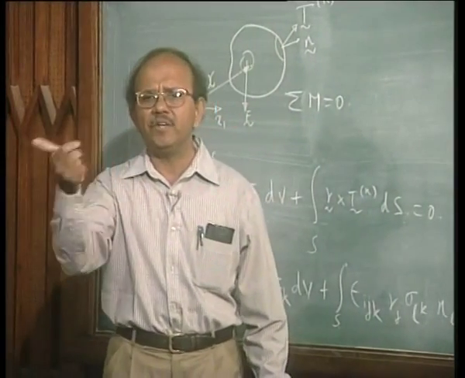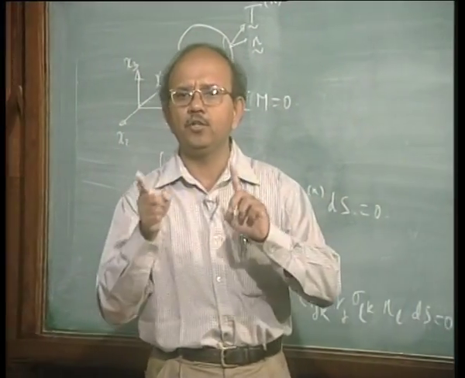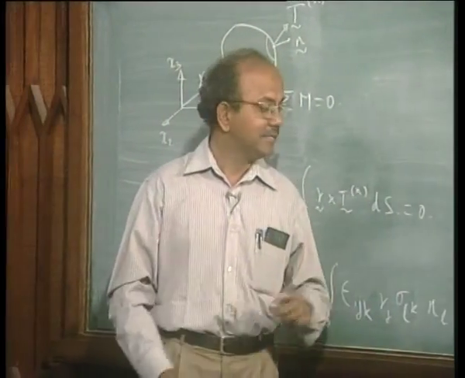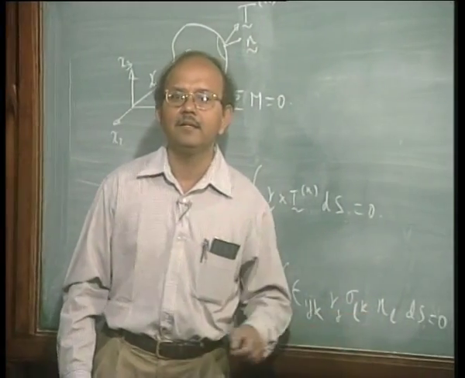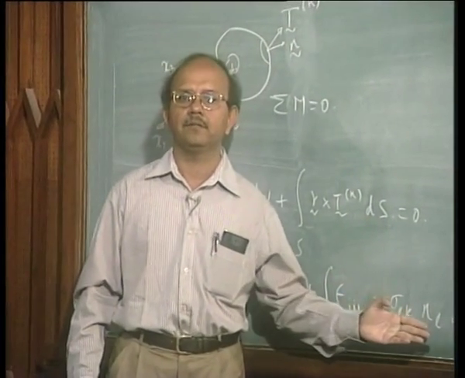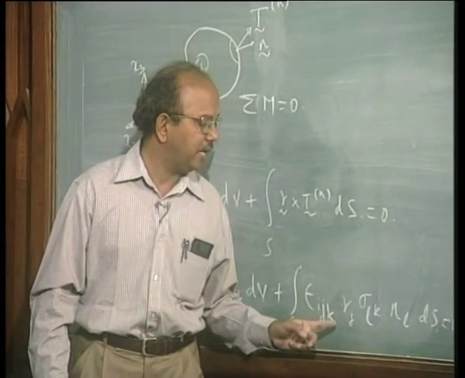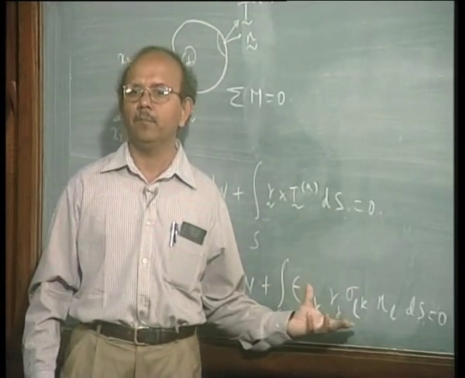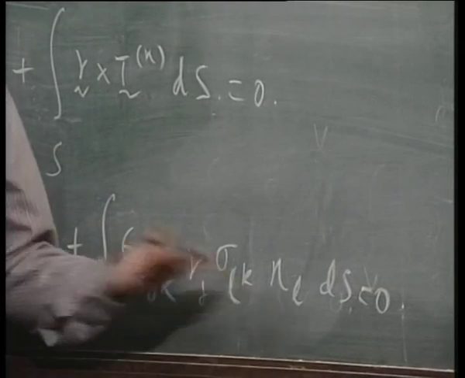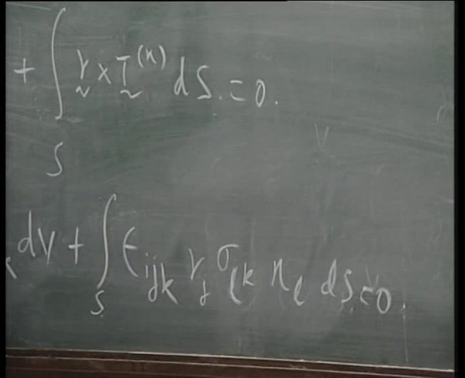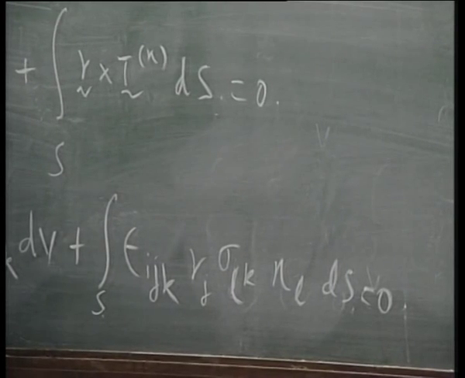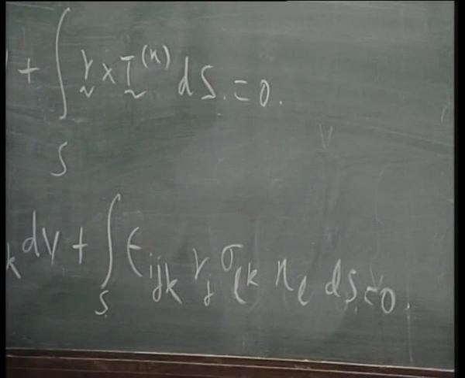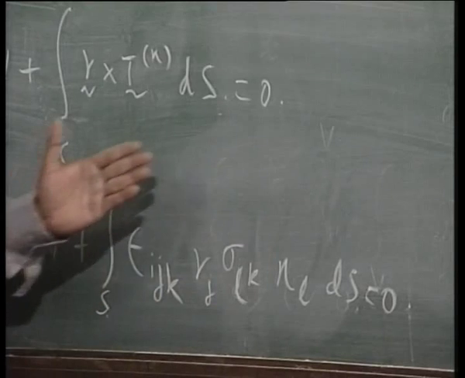Say for example, ui vi. i gets repeated in u and v. The result is a scalar. Same fashion, here it does not matter where it gets repeated. So it becomes epsilon ijk rj sigma lk nl. Looks quite complex, but once you understand, it becomes very easy. Take a minute and look at this, and see what is the result of this kind of operation.